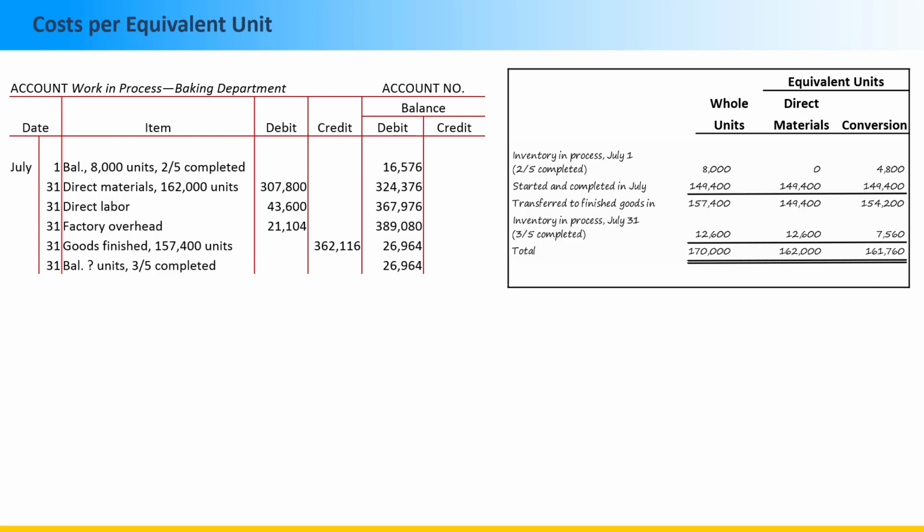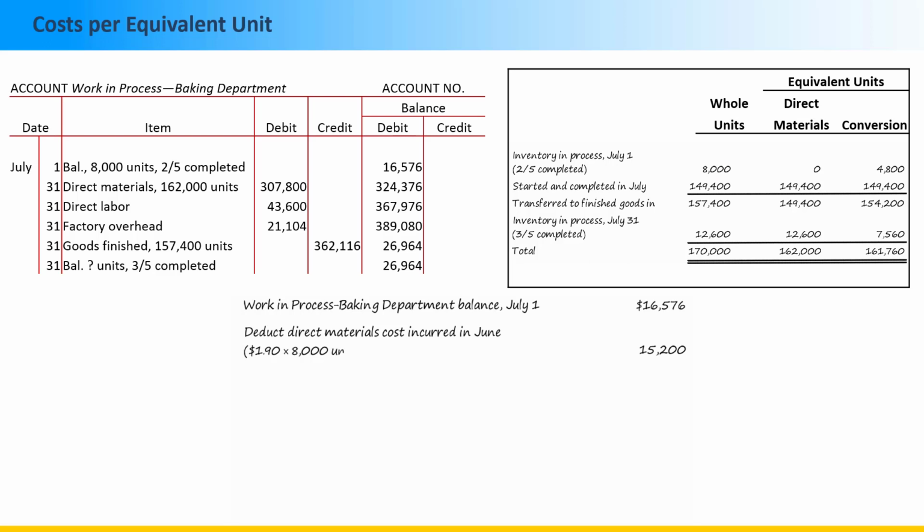Let's assume that the direct materials cost is the same for June and July. Using the available information, we will find out whether the conversion cost per equivalent unit increased, decreased, or remained the same in July. We know that the work in process baking department has a balance of $16,576 as of July 1st. From this, we deduct the direct materials cost incurred in June of $15,200, which is calculated by multiplying the 8,000 units by the direct materials cost per equivalent unit of $1.90.